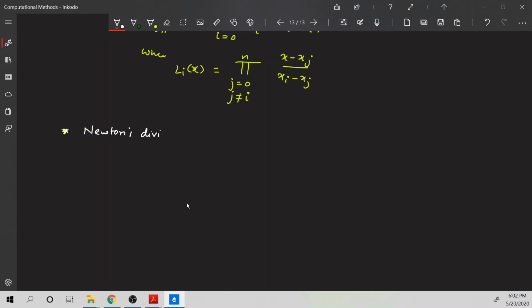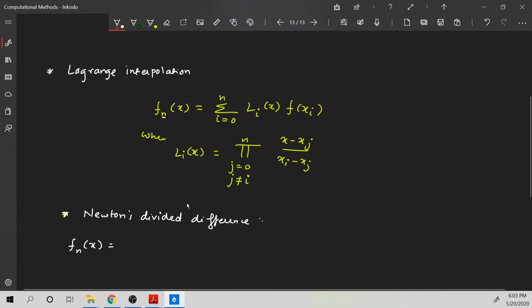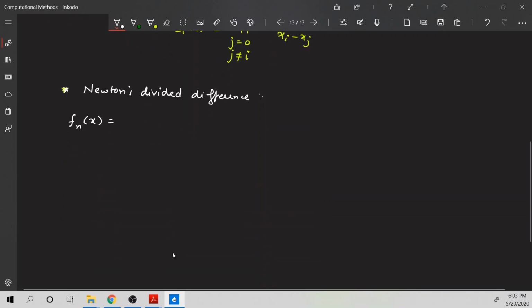The formula is Fn(x), where n is the order of polynomial, equal to f(x0) plus (x minus x0) f[x1, x0].